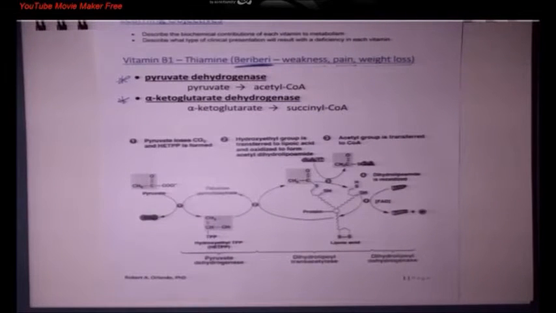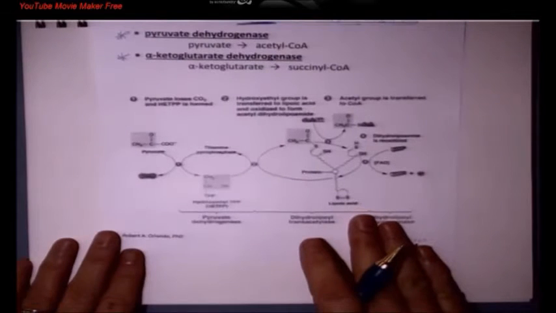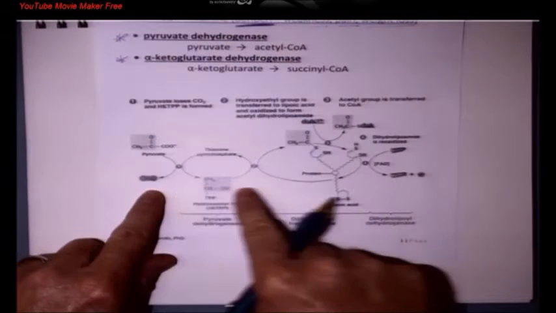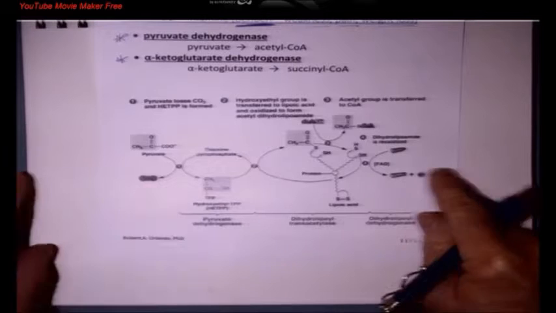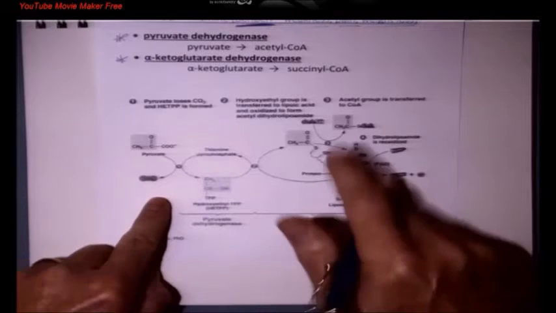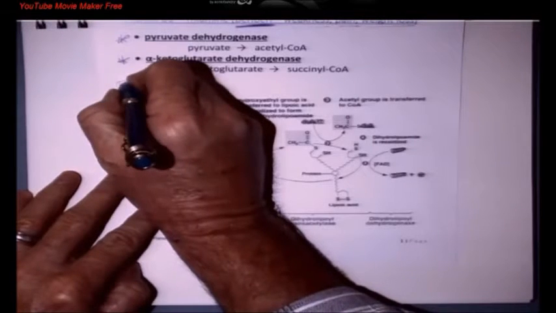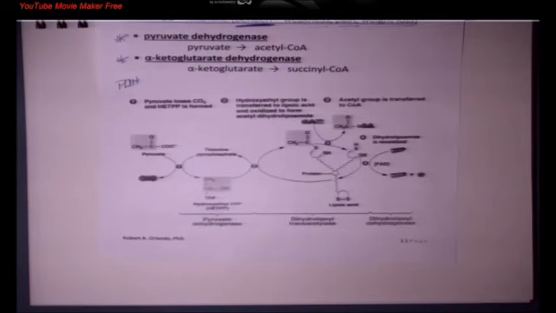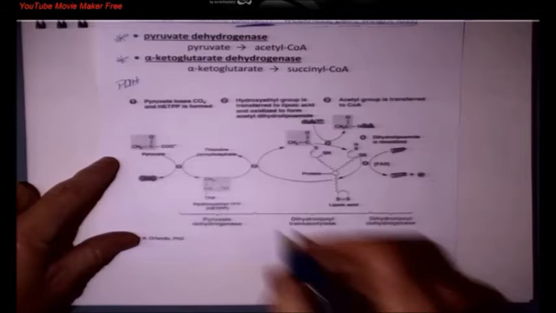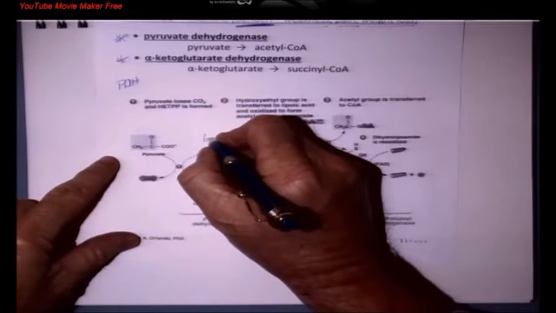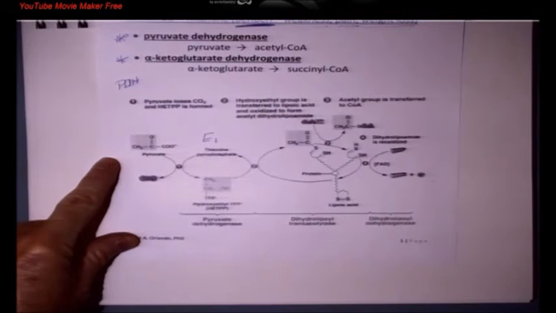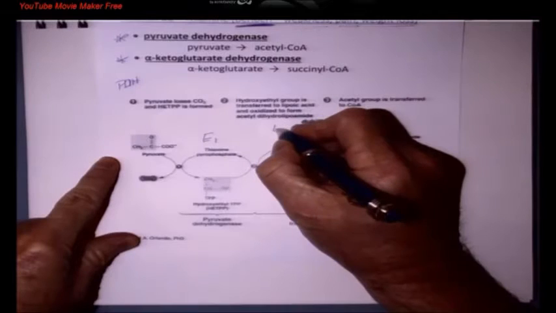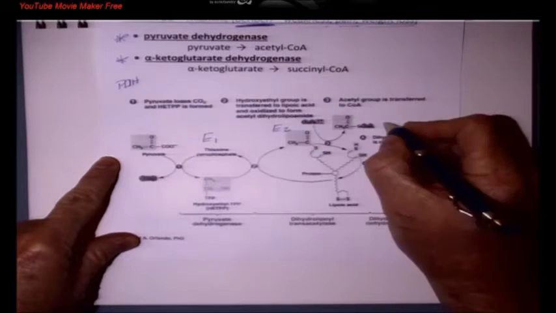And that's because both enzymes perform this same chemistry. So let's say this is PDH. We looked at PDH. And remember, I emphasized there were three subunits on PDH. One is E1. The next one is E2. And the last one is E3.